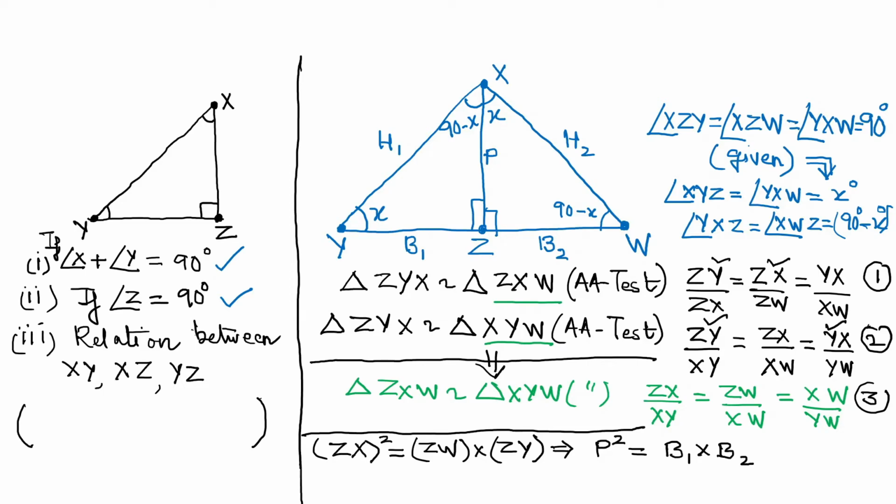We'll be able to say that XY whole square is equal to YZ into YW, which is just like saying H1 square is equal to B1 into (B1 plus B2).